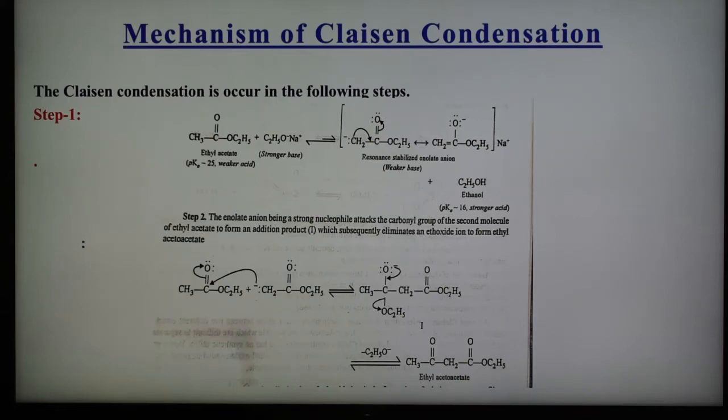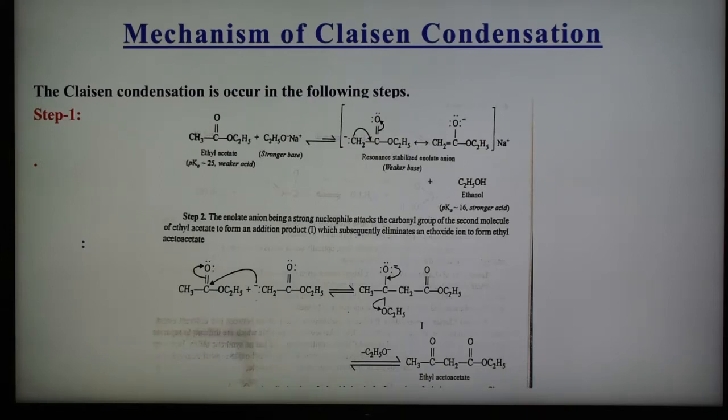Now there are two pieces of evidence in favor of this mechanism involving reversible formation of enolate ion in the Claisen condensation. First, an ester containing acidic alpha hydrogen, on treatment with ethoxide ion, readily undergoes deuterium exchange, and the rate of exchange of these hydrogens is comparable to the reactivity of these esters in Claisen condensation, supporting reversible formation of enolate ion.